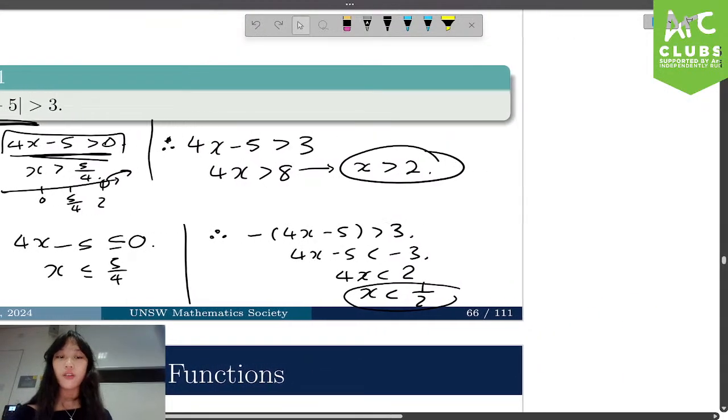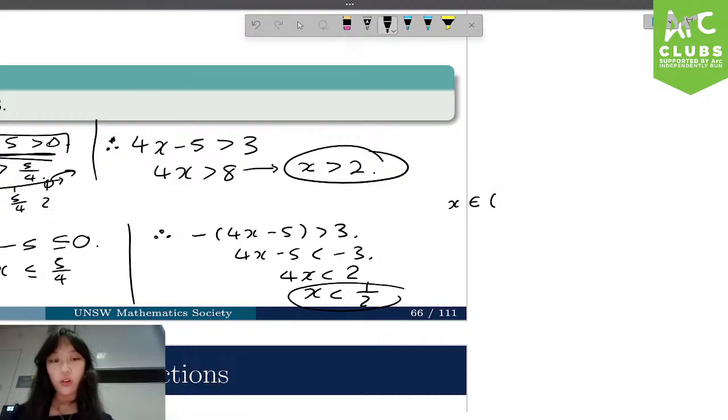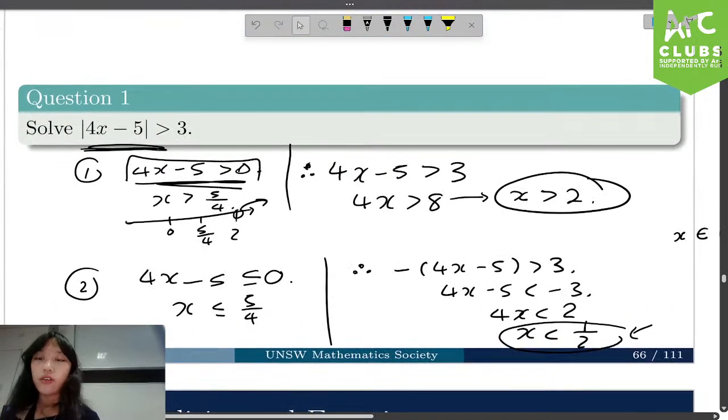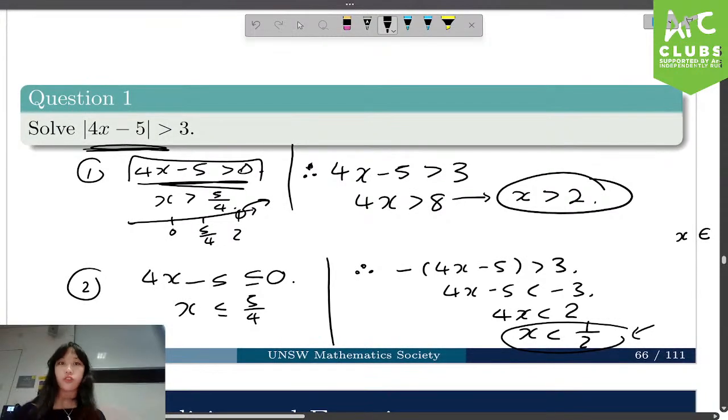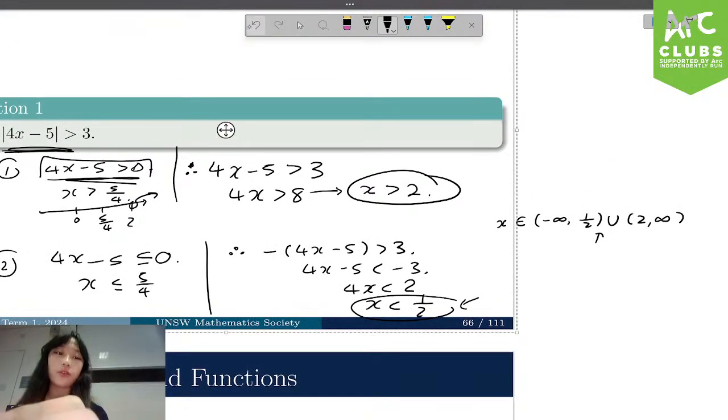So our answer, if we're going to write it in set notation, is x is an element of, so we first have this one, which is minus infinity to a half, and also 2 to infinity. And remember, we use round brackets because this is not greater than or equal to, it's strictly greater than, so we don't include a half and 2 as values.